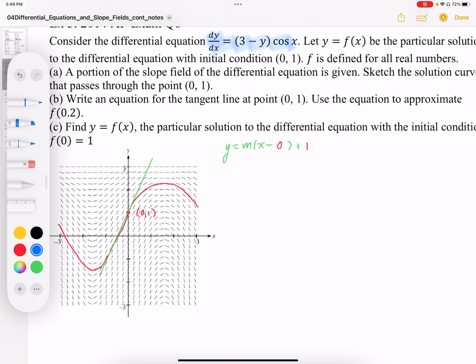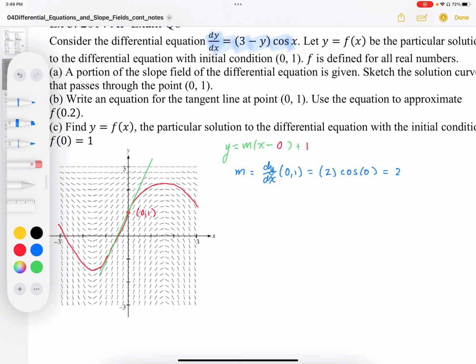My slope value, which I'm going to call m, is calculated by the dy/dx function at x = 0, y = 1. That's the point of tangency. When I plug that in, I end up with 3 minus 1, which is 2, times the cosine of x, which is cos 0, which is 1. So 2 times 1 gives me a slope of 2.